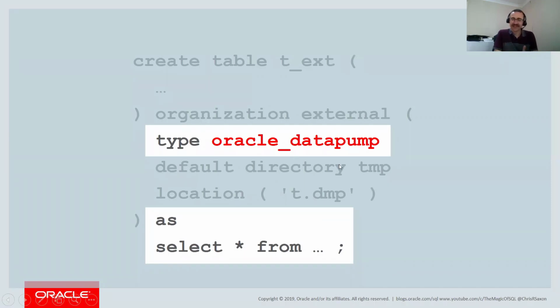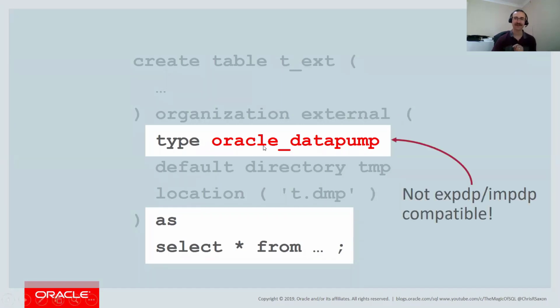So this is pretty neat, and it allows us to do some pretty cool things when it comes to unloading data. However, one thing to note: I said it's a Data Pump unload, but the files it creates are not compatible with traditional Data Pump export and import. So you might be thinking, oh, this is great, we can just do a create table as select, do a Data Pump export, and then use impdp to load it.